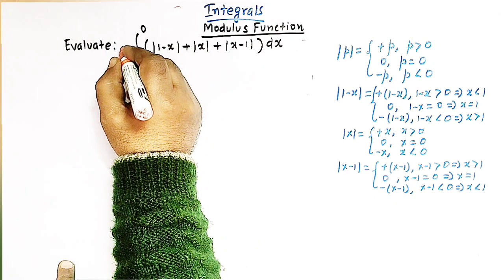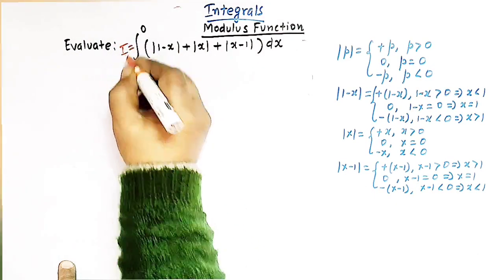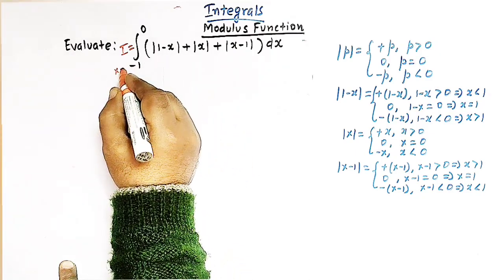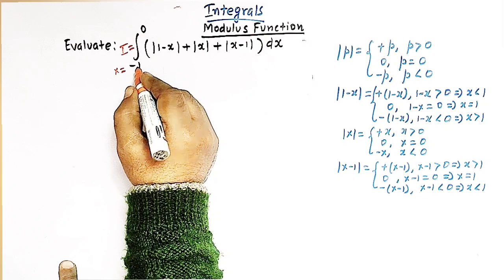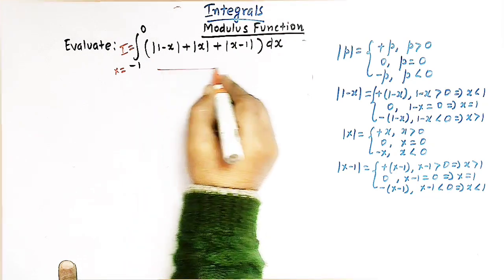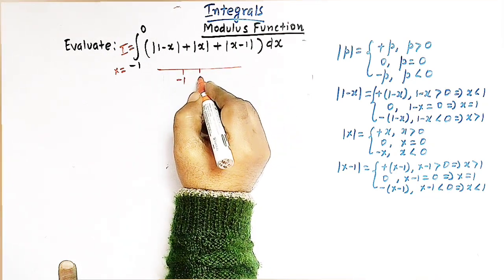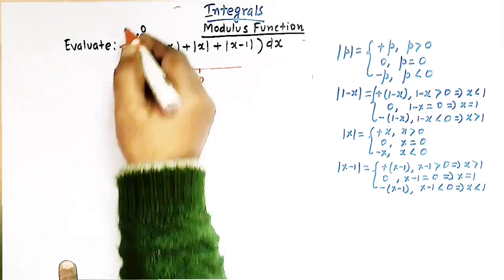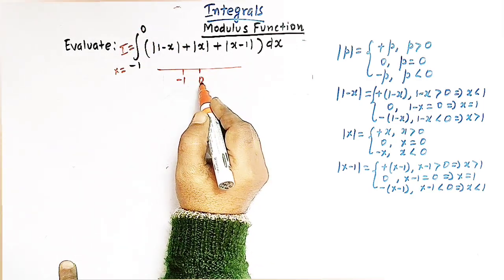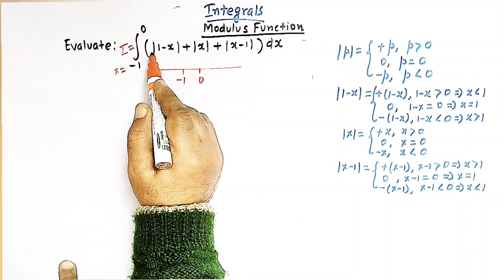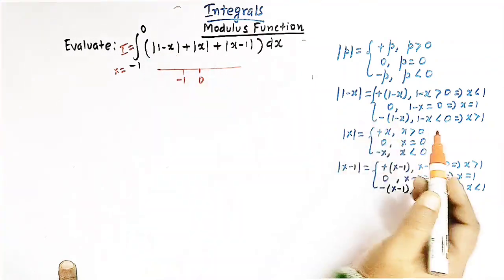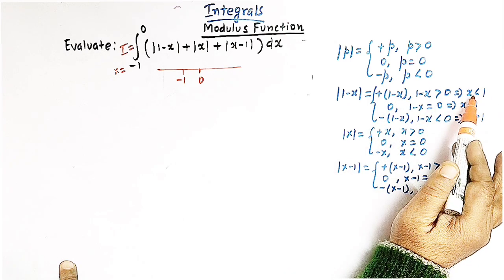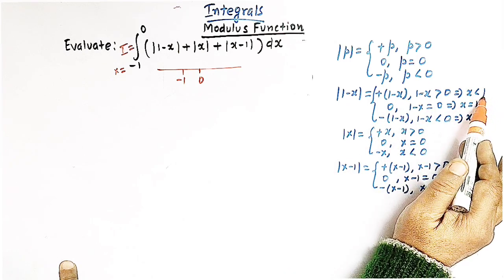So now let us call this integral I, right? Now see here the limits of integration vary from -1 to 0. So here we have -1, here we have 0, right? So the limits of integration vary from -1 to 0. So mod of 1 minus x is equal to positive 1 minus x when x is less than 1, right?